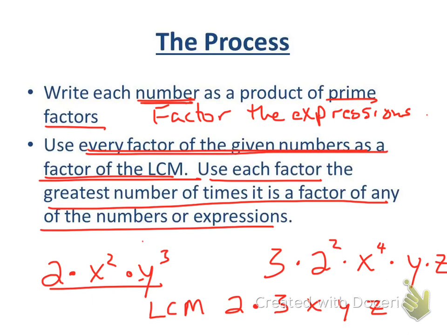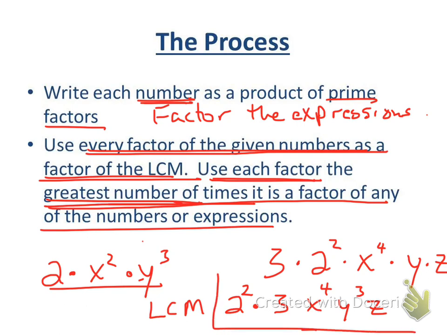Now, the second part says use each factor in the LCM the greatest number of times that it's a factor of any of the numbers. So what's the greatest power of 2? Squared. 2 squared. There's only 3 to the first, so 3 to the first, I'm good. What about x? X to the 4th or x squared? 4th. You have to use the biggest one. Y to the 3rd and z to the 1st.